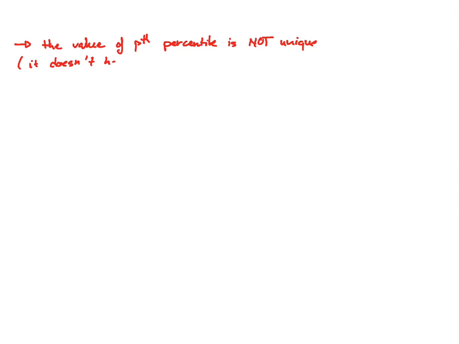In fact, the procedure that I showed you to find the p percentile is not the only way to find the p percentile. There are other ways that give you slightly different answers, which is fine, as long as the definition is satisfied.